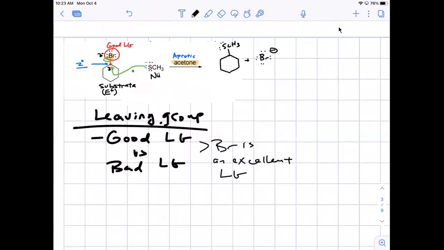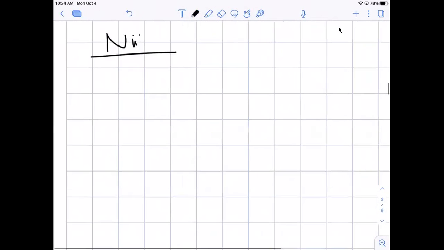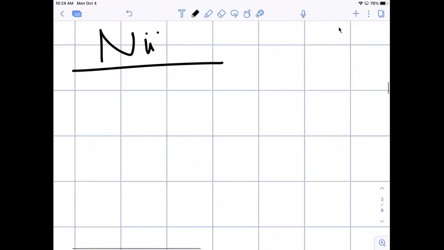The nucleophile, let's talk about that real quick. I think I mentioned this before in a different lecture, but there's a periodic trend, right?